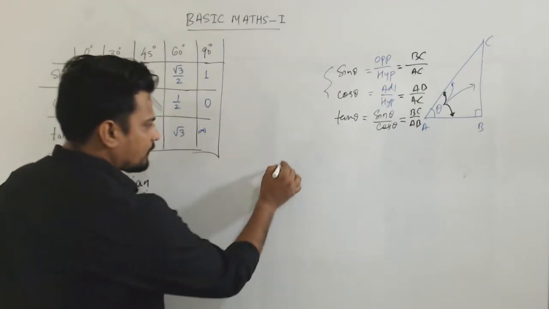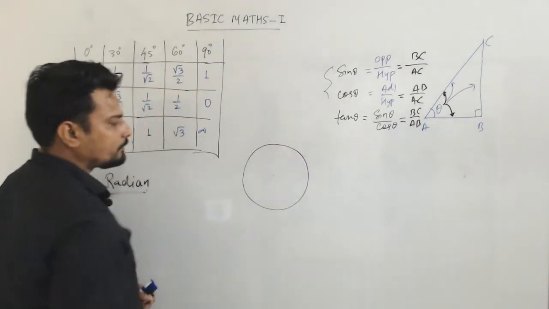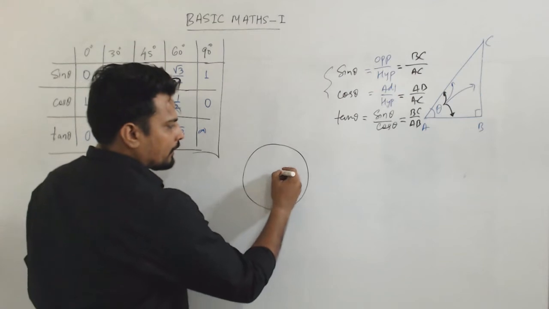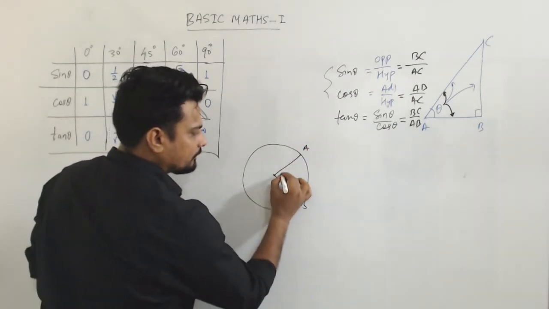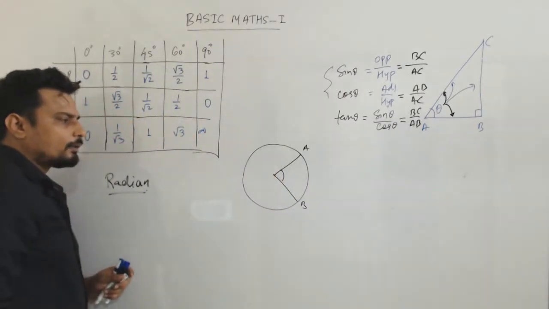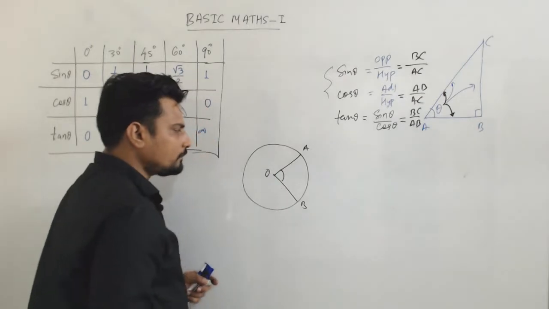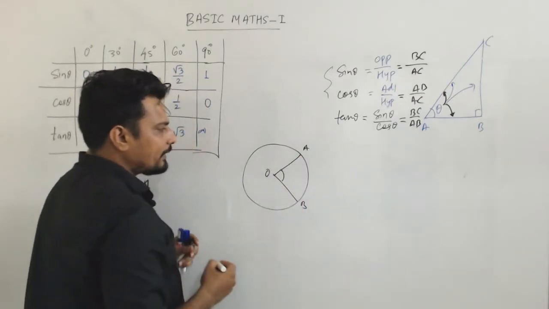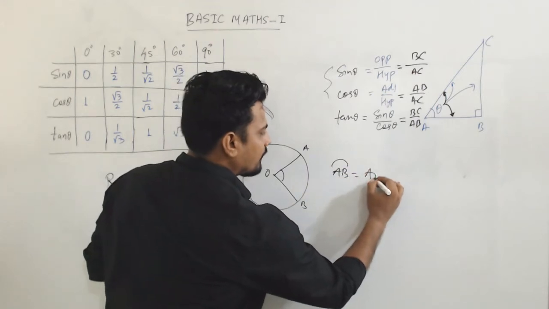Well, if I look at a circle, and here we have the center. If I consider an arc, let's suppose this is A, this is B, making some angle at the center. Let me denote the angle as O. The arc length AB we write as AB with a cap. This is called arc AB.